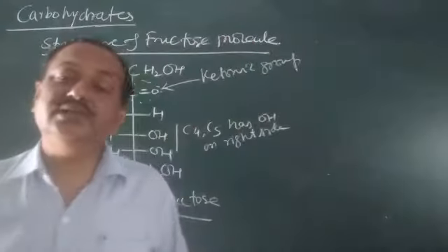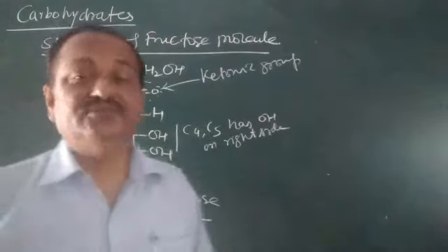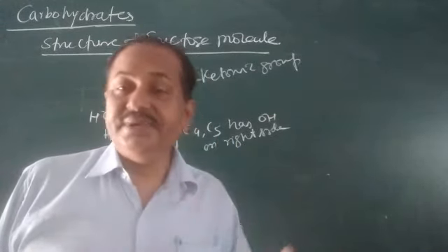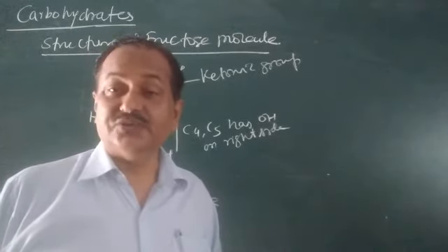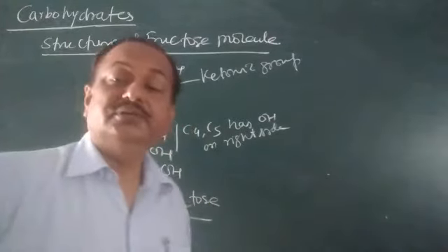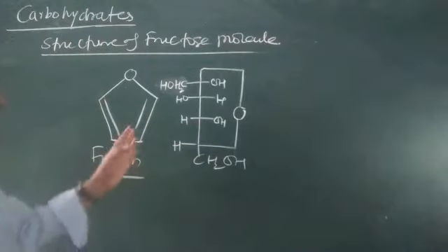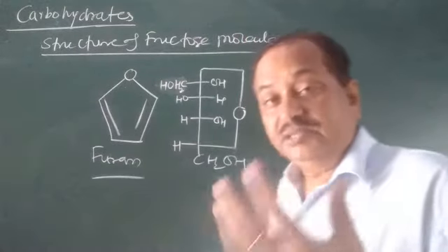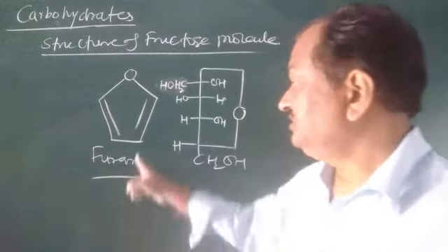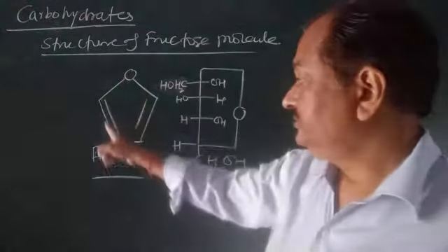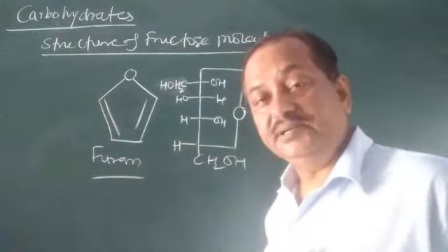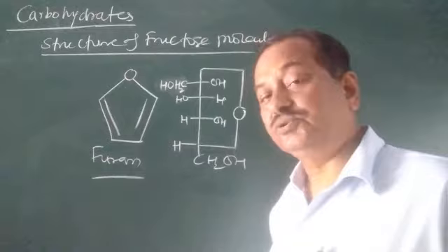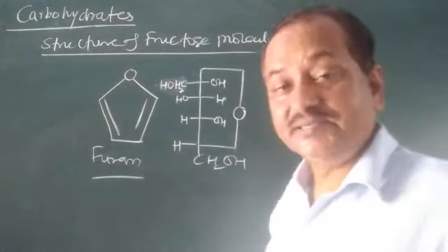So this is the D-fructose configuration. Actually, fructose has been compared with the organic molecule furan, just as I compared glucose with glyceraldehyde. Now here I have drawn furan, the basic way to distinguish glucose and fructose. Furan has 1, 2, 3, 4 and 5; it is a 5-membered cyclic molecule with an oxygen.